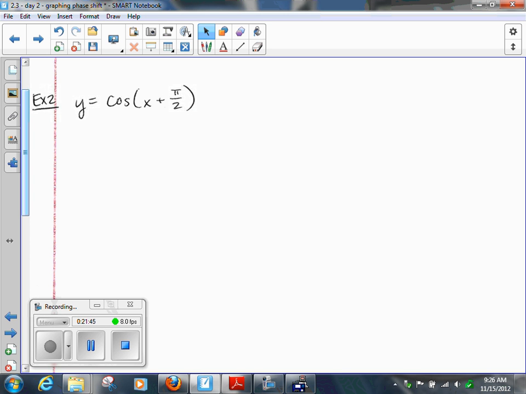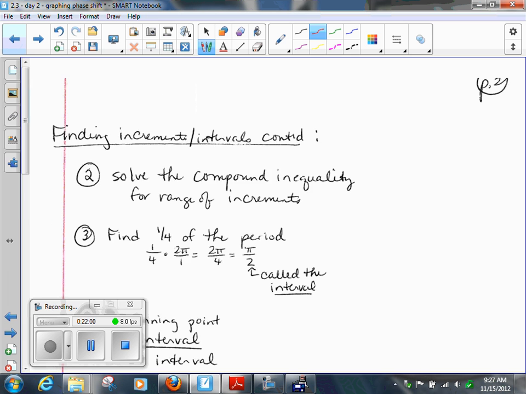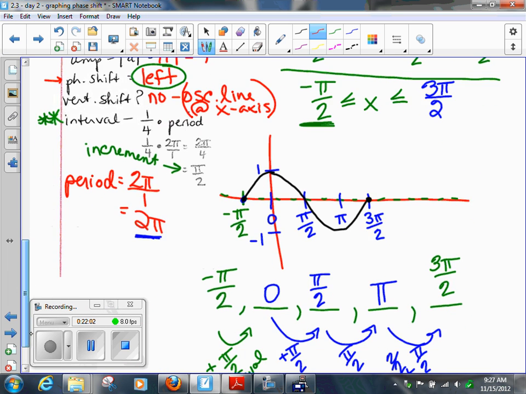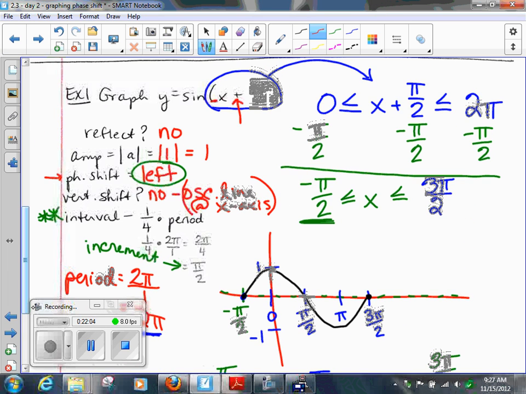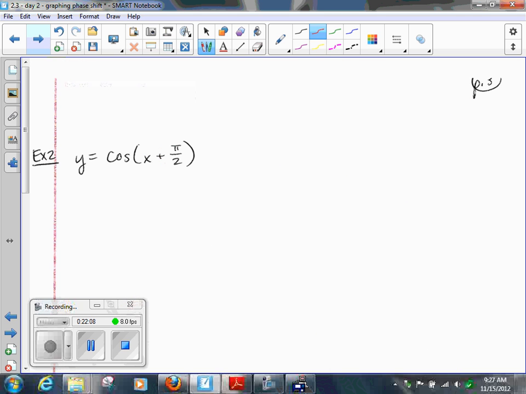Look at cosine of x plus pi over 2. All right, now you know what the interval is going to be because this thing is going to move which way again? It's going to move to the left. And it's the same thing we just had. Okay? So you know what it has to be. We've got plus pi over 2.